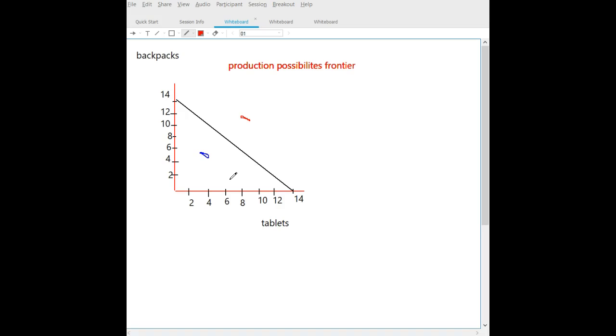Now, in this example, what I used was an example of backpacks and an example of tablets, and all these numbers are measured in thousands. So let's say that we have a factory, and we can choose to produce either backpacks or tablets.